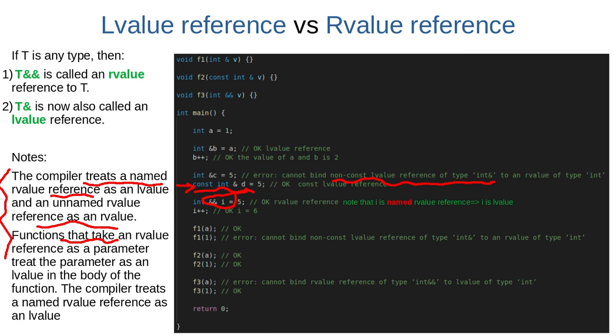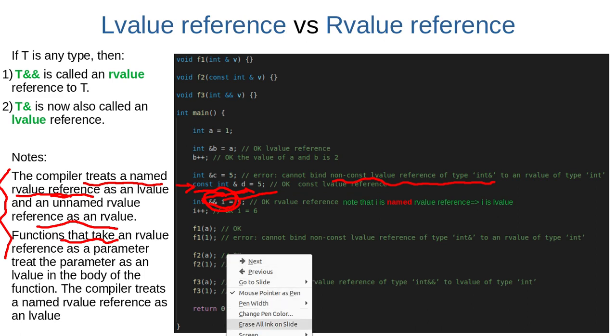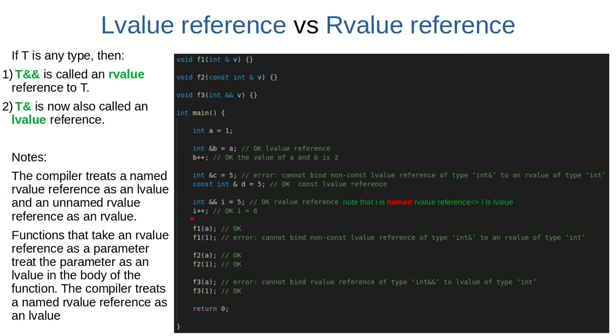So here we have a named R value reference, so it's treated as an L value, while the whole expression, the && operator symbols with i, is an R value reference, and I can do this operation i++, then the i value will become 6.